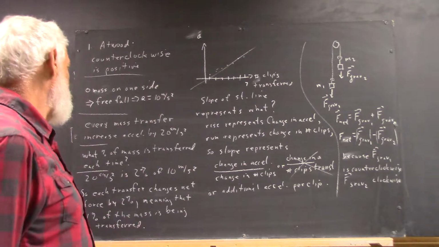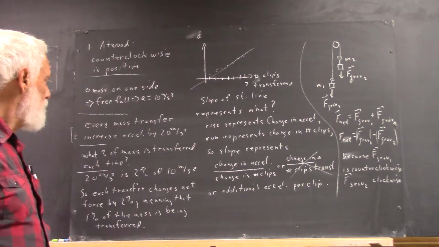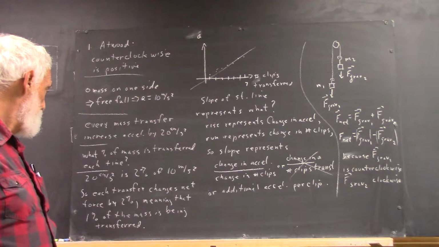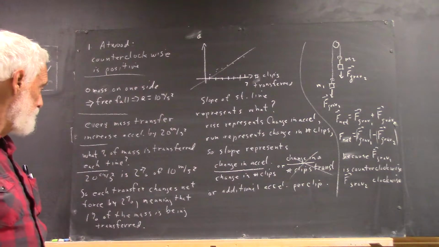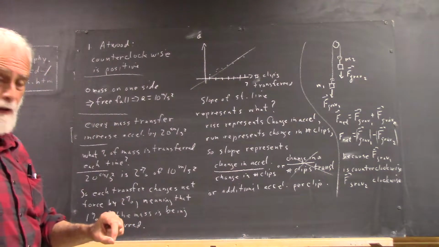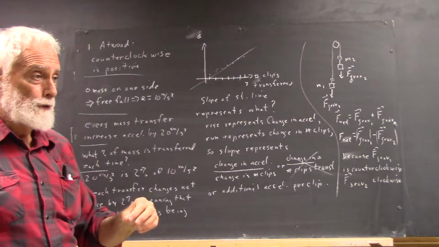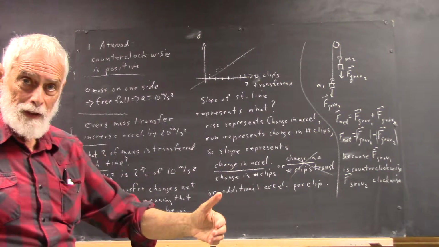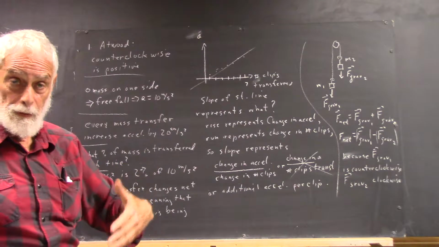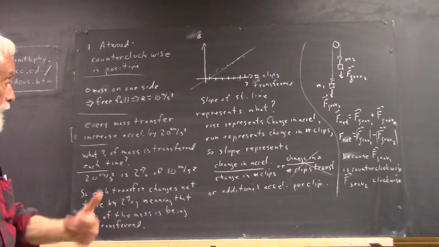Okay? And actually, you wouldn't have transferred the whole mass. You'd have transferred the mass on one side to the other. But the other thing is, each transfer would change the net force by 2%, meaning that the amount of mass you're actually transferring is just 1%, because remember, if you transfer 1% of the mass from here to here, that increases the force on this side by 1% of the total weight, and decreases the force on this side by 1% of the total weight, so that you have a 2% change in the net force.